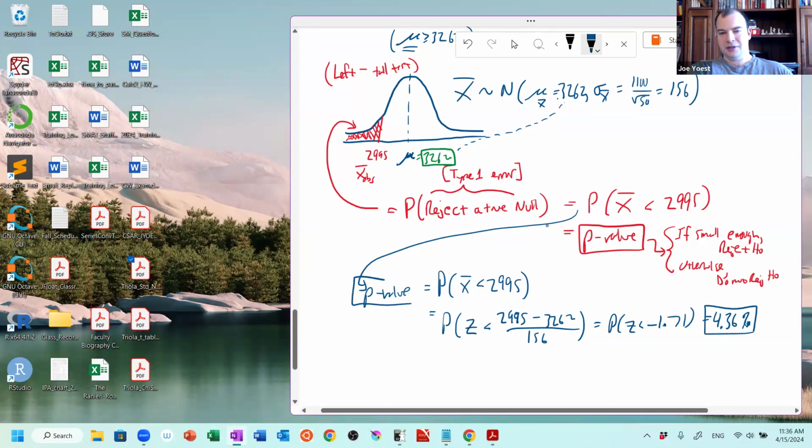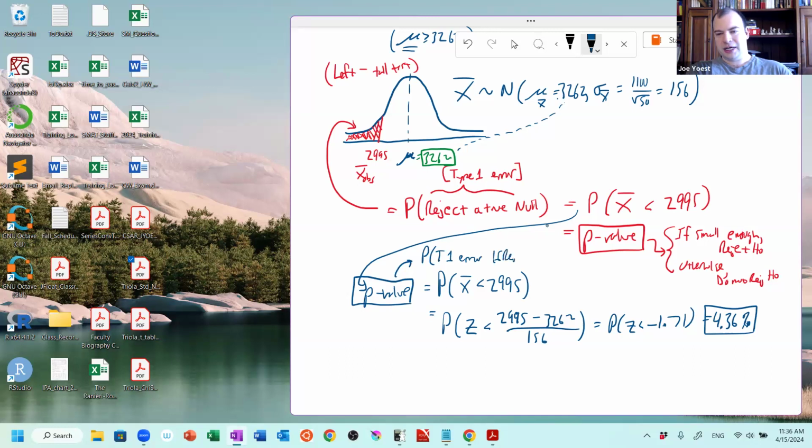So my p-value, the probability of making a type 1 error if I reject based on this sample, my observed or empirical error rate, would be approximately 4.36%.